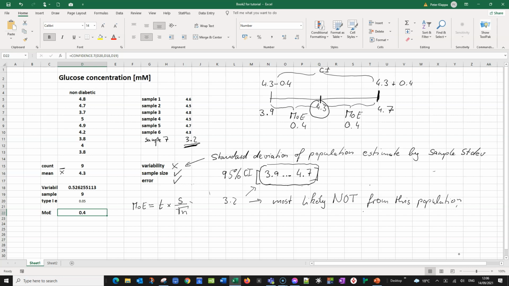So that here is the standard deviation. This is the standard deviation of the population estimated by the sample standard deviation. That is this S here, and this N is the sample size. And this T here is sort of our factor that takes into account the type 1 error and also the sample size to a certain extent.